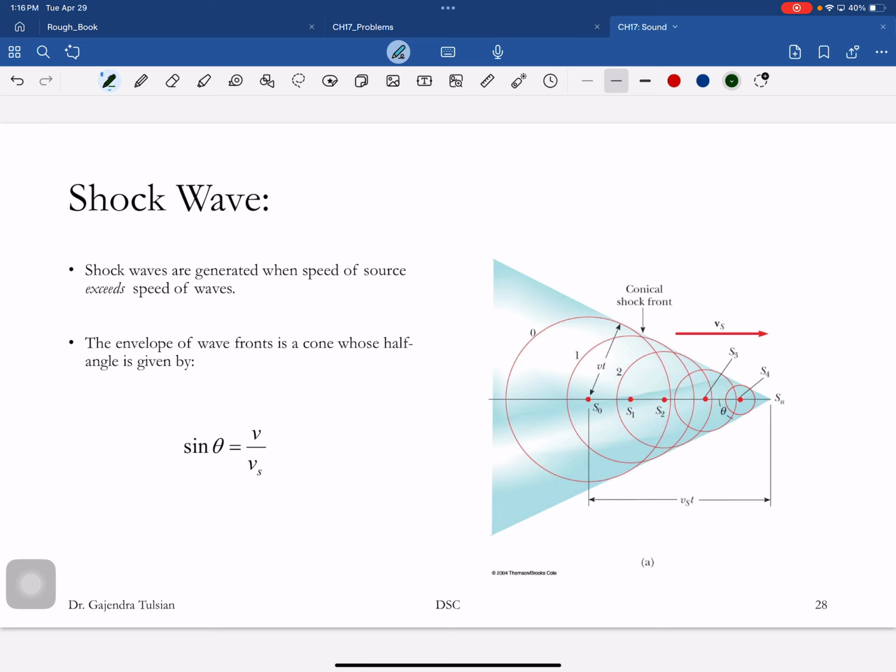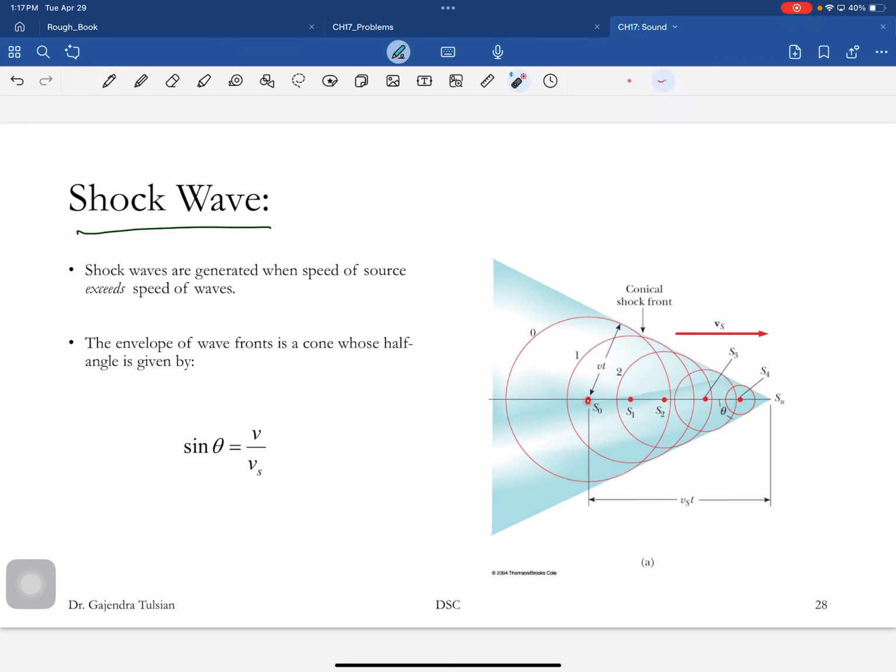What if you move faster than the speed of sound? If the source, the object that's producing the sound, does, then you get what is called a shock wave. Okay, so this is illustrating this. Here is the source. What this diagram is showing you is the following.